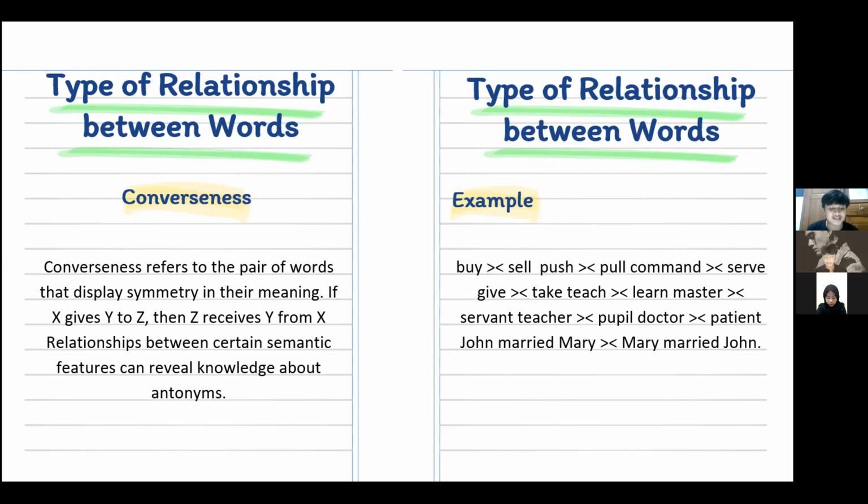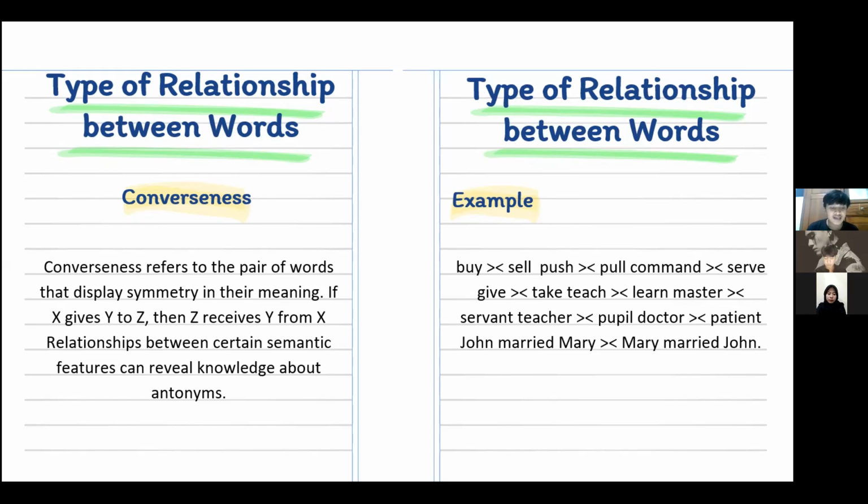In the context of a sentence, occasionally the same verb can be supposed as a relational pair. For example, John married Mary and Mary married John.